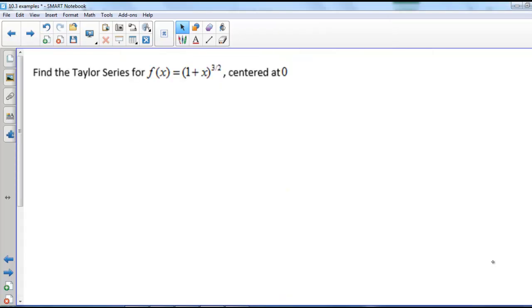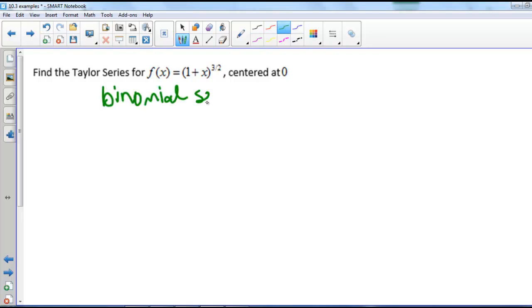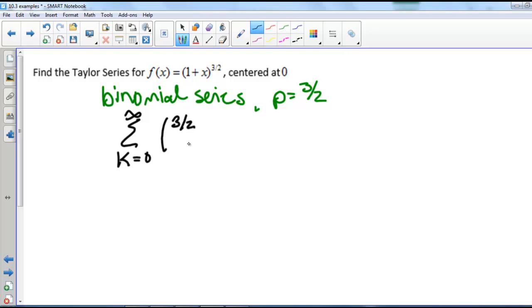Using the binomial series, we're going to find the Taylor series for f of x equals 1 plus x to the 3 halves centered at 0. So we're going to use the binomial series with p equals 3 halves. So we have this series from k equals 0 to infinity of 3 halves choose k times x to the k.